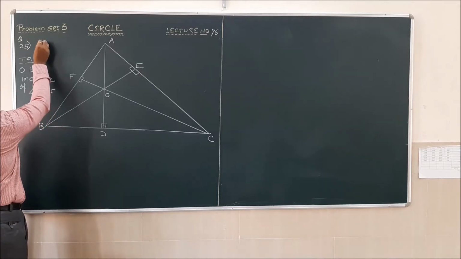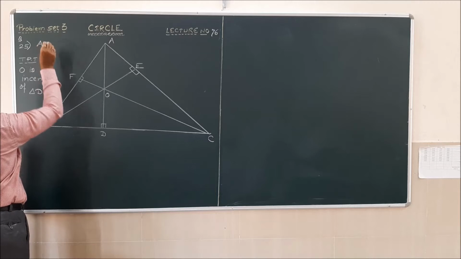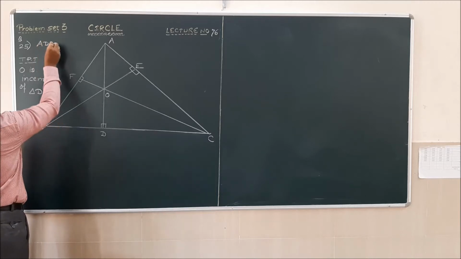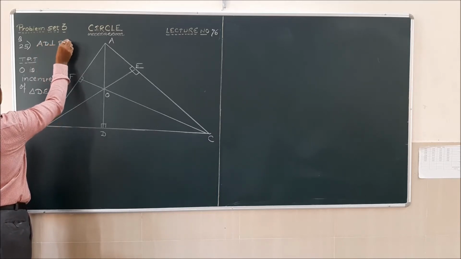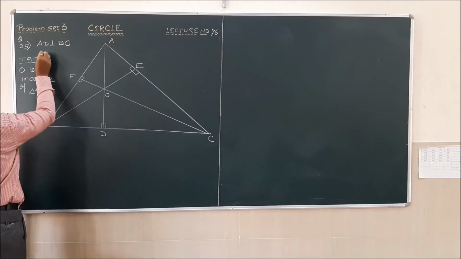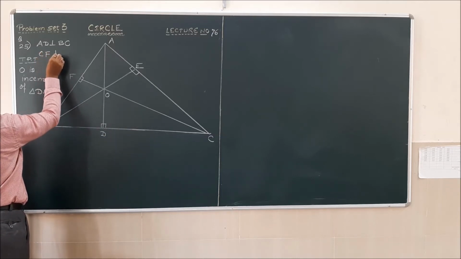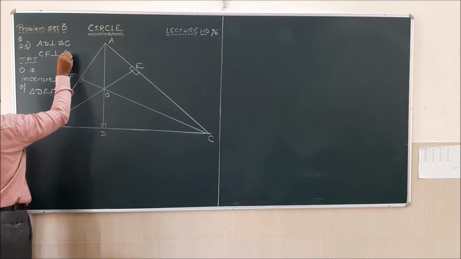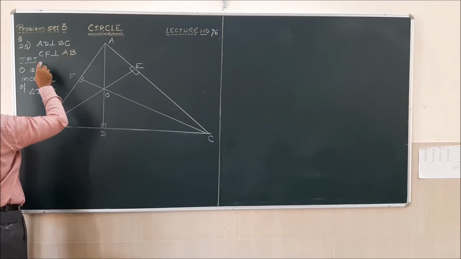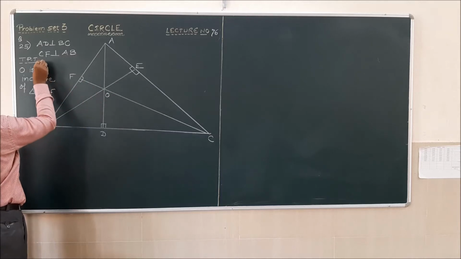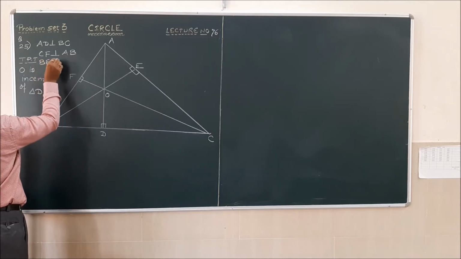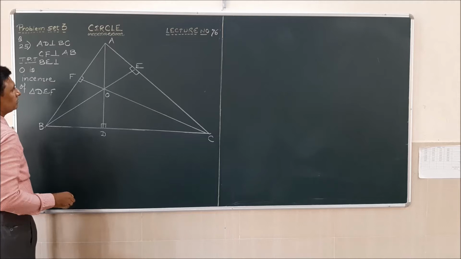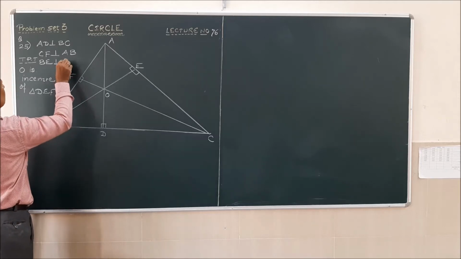Given here, AD is perpendicular to BC. Next to that, CF is perpendicular to AB, and you will find BE is perpendicular to AC.